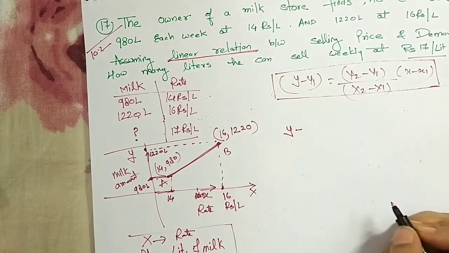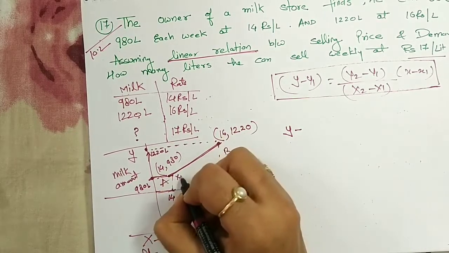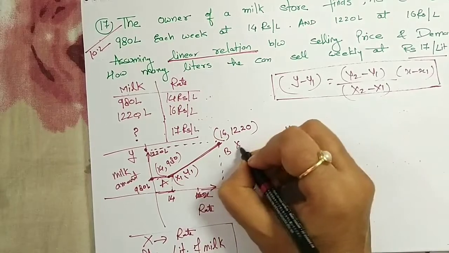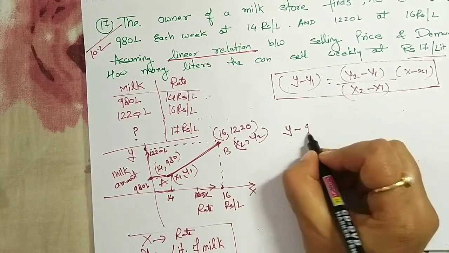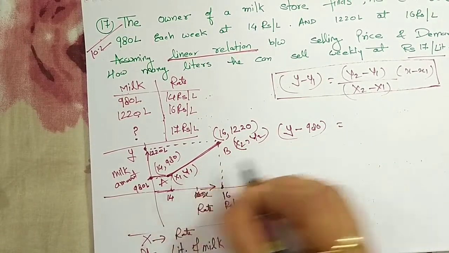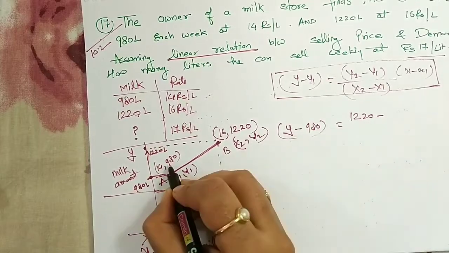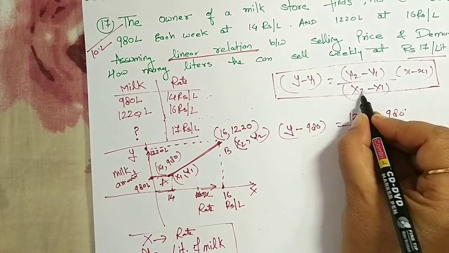So I will just fit the values. This is my x1, y1, and this is x2, y2. So y minus y1 is how much? y minus 980 is equal to y2 minus y1, so it is 1220 minus 980, by x2 minus x1.